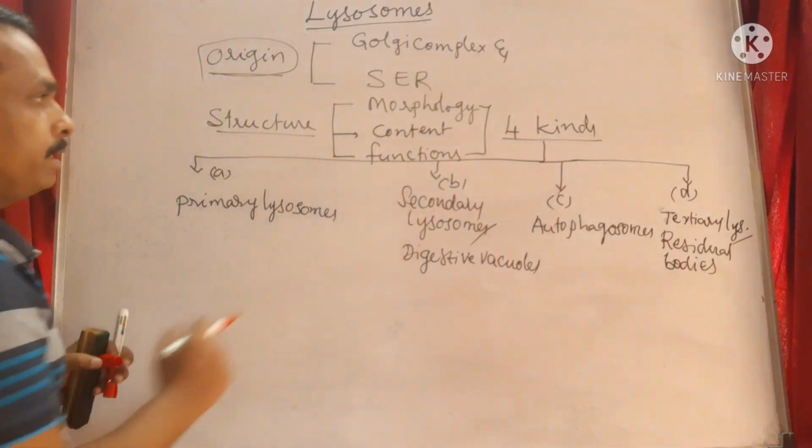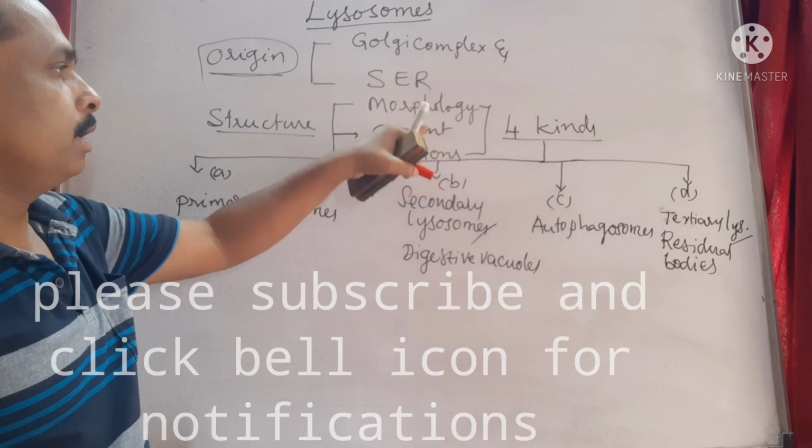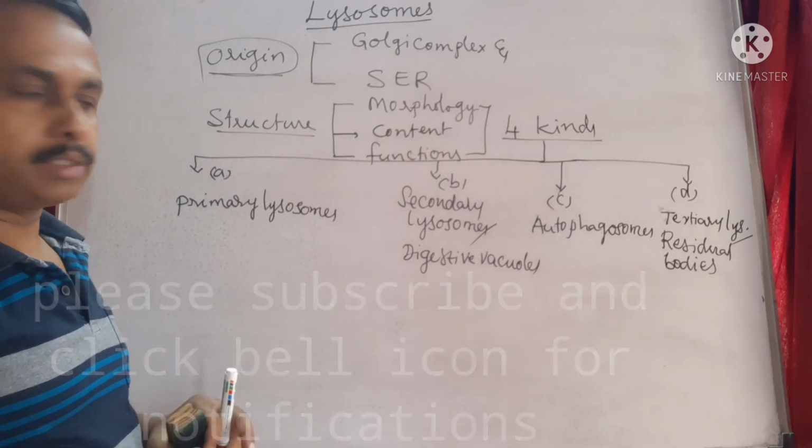So these are the 4 kinds of lysosomes based on morphology, content, and functions.